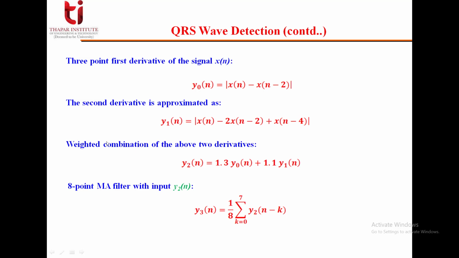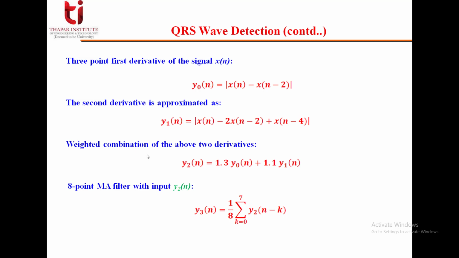Now the next step is to take the weighted combination of the above two derivatives. We have not taken both derivatives in equal proportion.